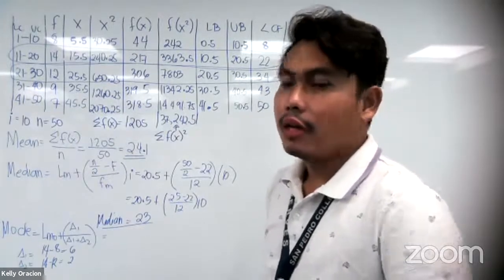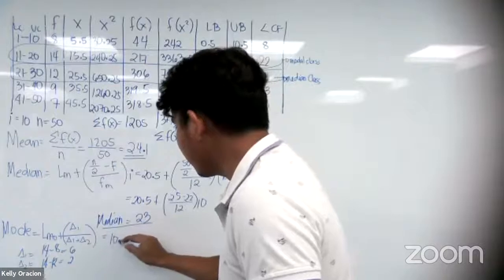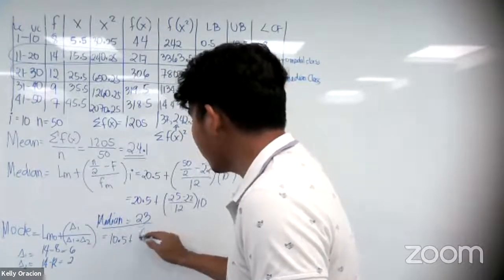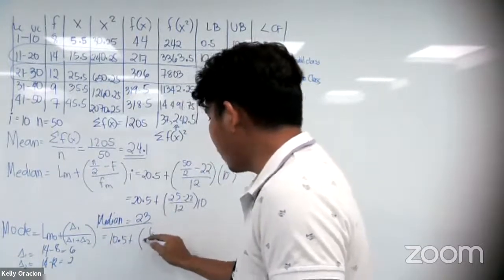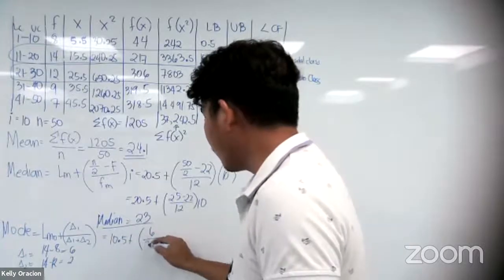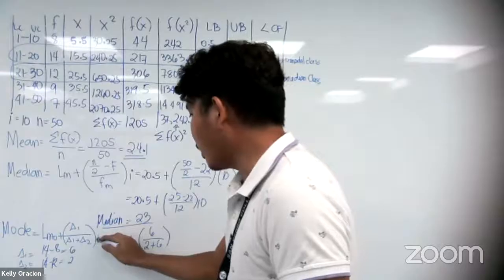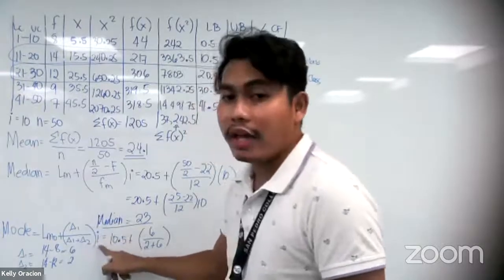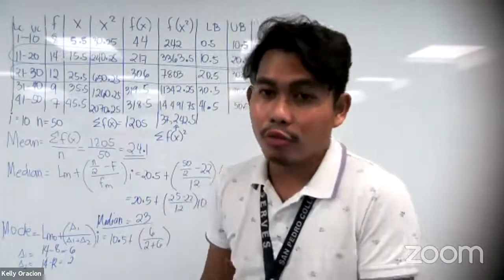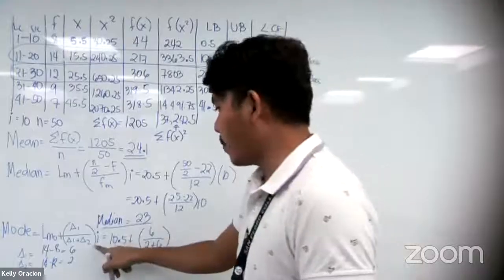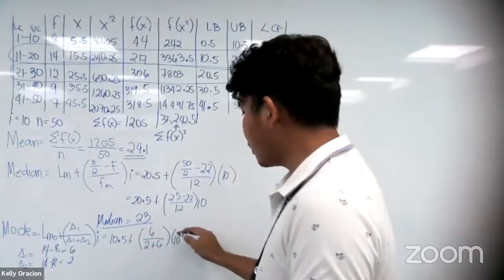Now, 10.5 plus delta 1 is 6 over delta 2 is 2 plus 6, times i. I forgot the i in the formula, so times the interval which is 10.